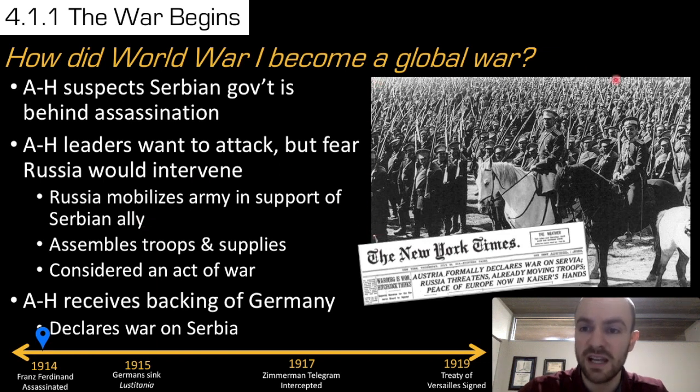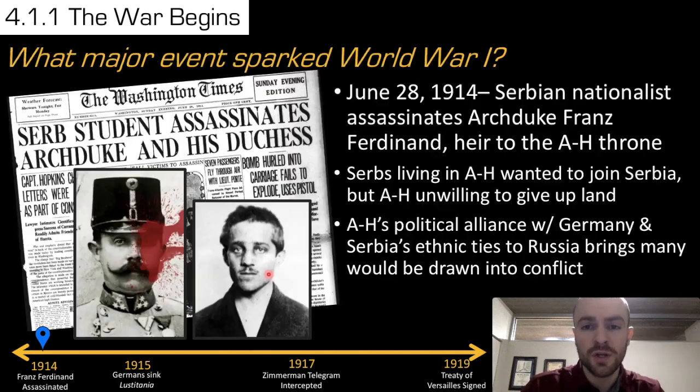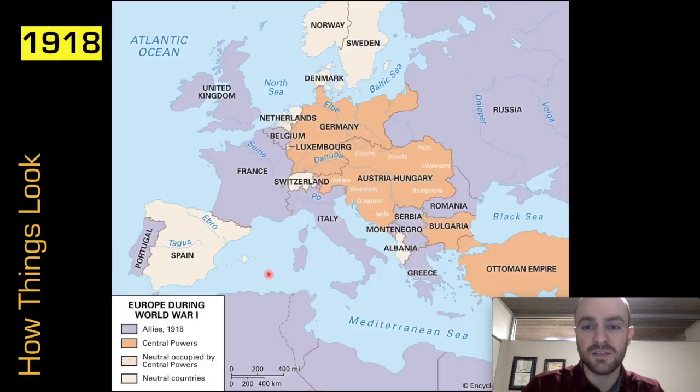And you can see that in this picture. This is the Russian military mobilizing. To mobilize the army means to assemble troops and supplies in preparation for war. Now, mobilization is considered an act of war in and of itself. So, Austria-Hungary turns to its ally, Germany, and says that if Russia intervenes on Serbia's behalf, will you have our back?